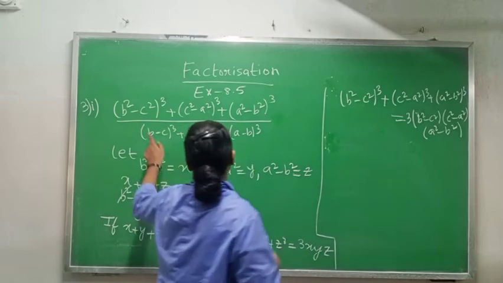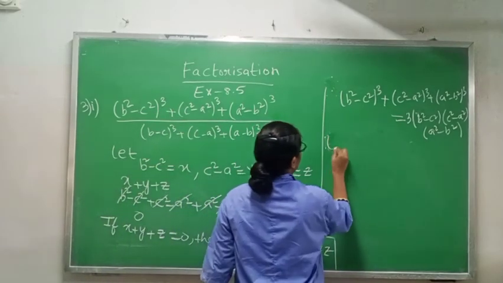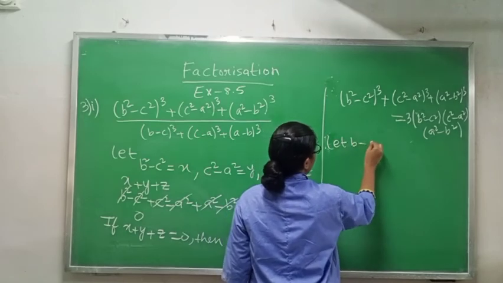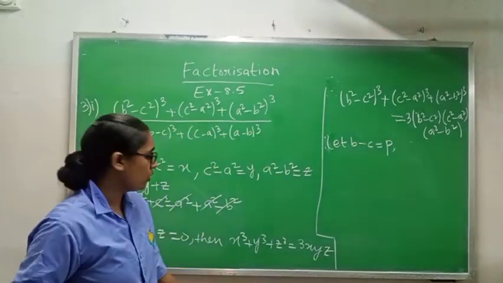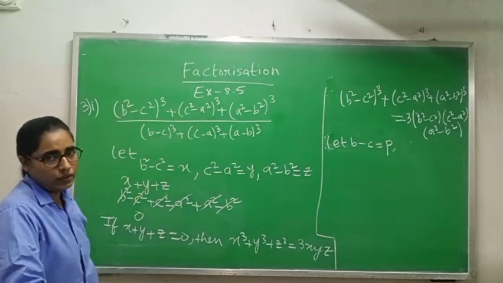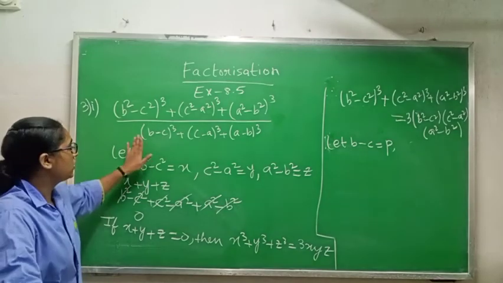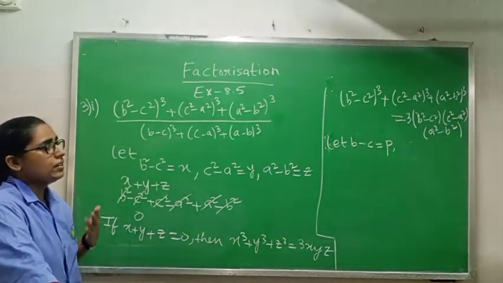Now we will take this one, the denominator: b − c, c − a, a − b. Now you will not let x, y, z, because you have already used x, y, z in the numerator. For the denominator you have to let any other variable, and I am taking p, q, r.